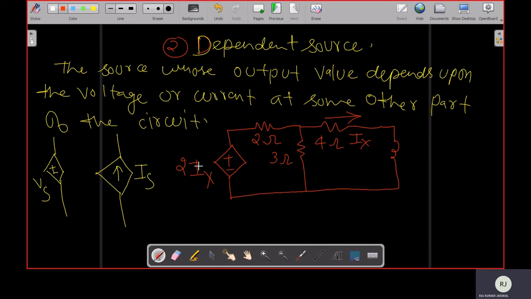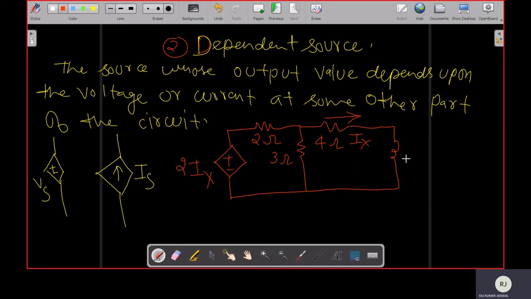You could see in the diagram this voltage source value depends on the circuit current Ix. That's why it is called the dependent source. 2Ix depends on a circuit quantity. It could be current or voltage, but in this case our voltage source is depending on the current value Ix from the circuit. That's why it is called the dependent source.